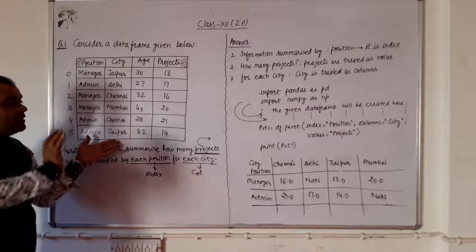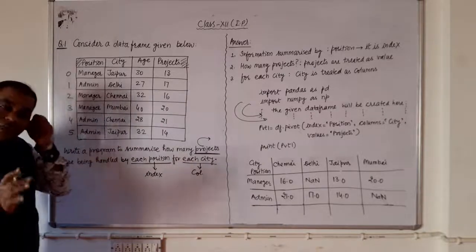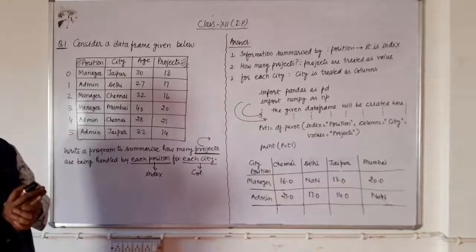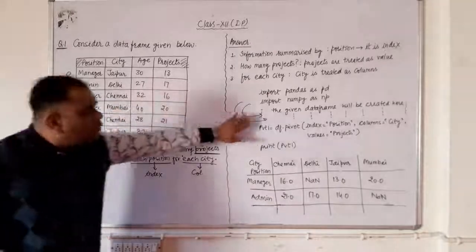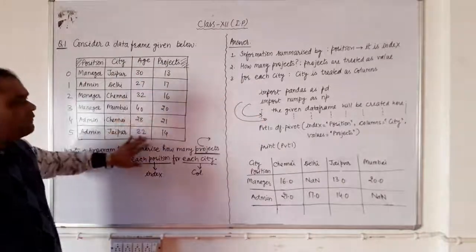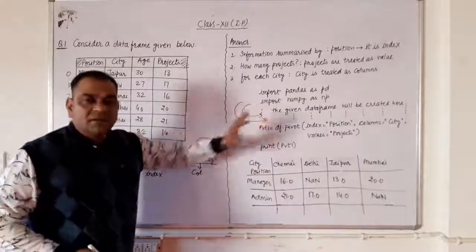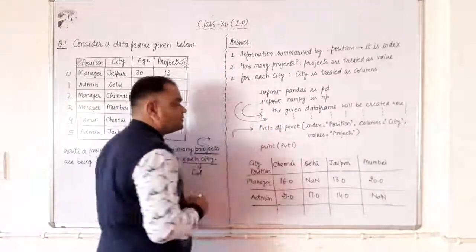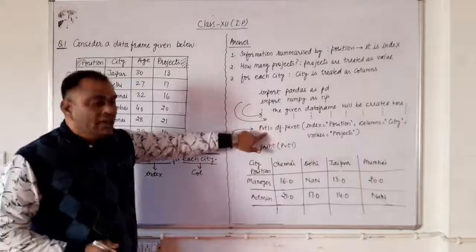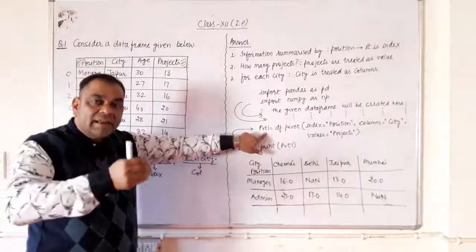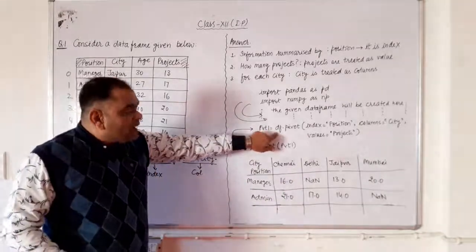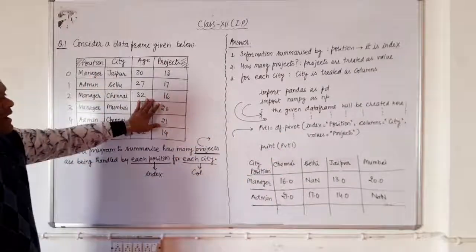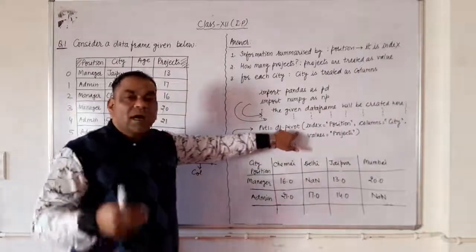We can create the given data frame by using dictionary and list, right? So write the code to create the data frame at this position, and then at the last our resulting function is this one. Say pvt1, the newly created data frame, equal to df. Df is the name of our data frame. Dot pivot. Pivot is a function.